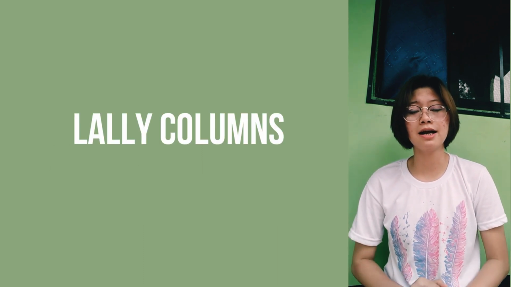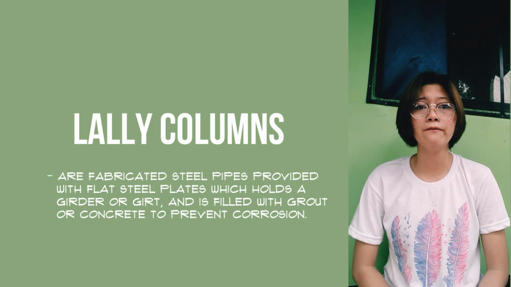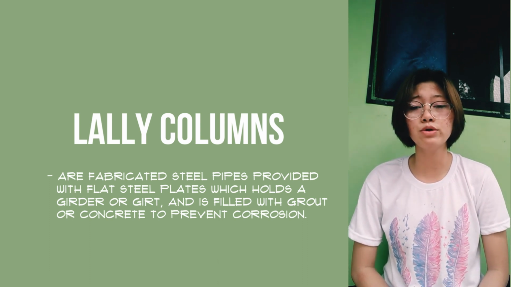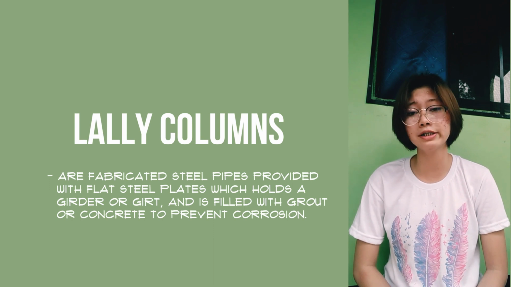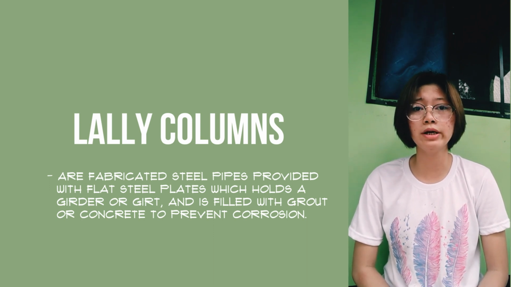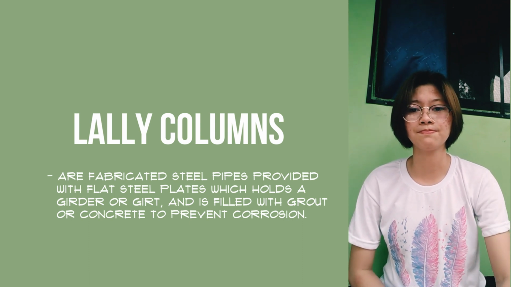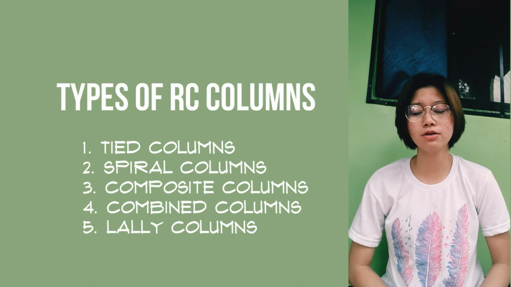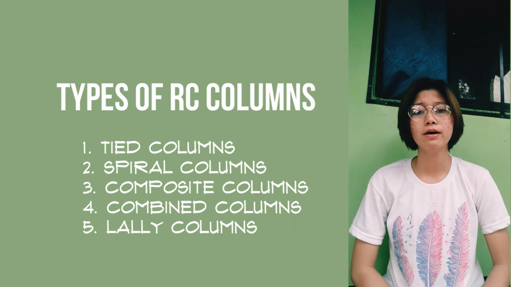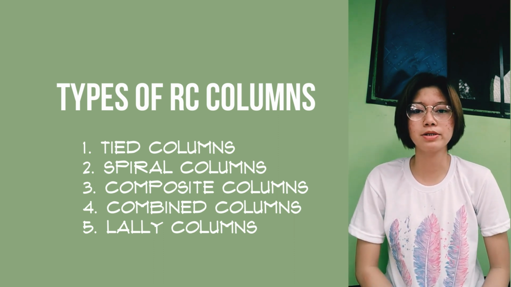The last is the lally columns, which are fabricated steel pipes provided with flat steel plates which hold girder or dirt and filled with grout or concrete to prevent corrosion. So that's all the 5 types of RC columns.